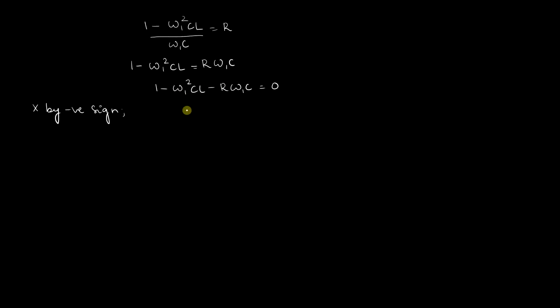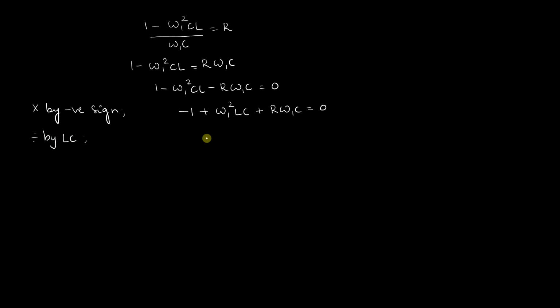So I can write this as minus 1 plus omega 1 square LC plus R omega 1 C equal to 0. Okay, now ax square is there, so let me divide this by LC so that I can simplify more.